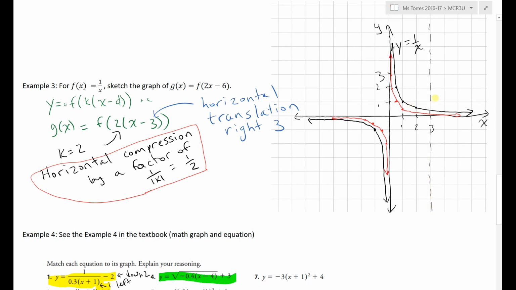And everything else is very similar. So we had a point that's around there, over 1 up a half. And then here, all the points are moved 3 over. 1, 2, 3.